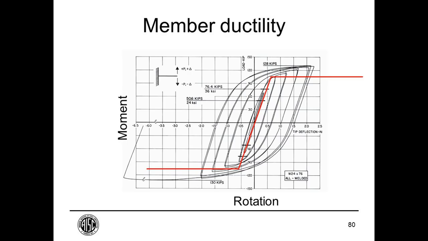This is a moment frame. Essentially, this is force displacement, but you could translate that into a moment rotation graph that shows good hysteretic energy dissipation. You can see a similar graph for testing of a buckling restrained brace. We'll see that in a few sessions. There are similar graphs for eccentrically braced frames.